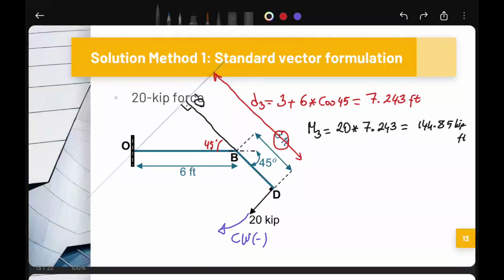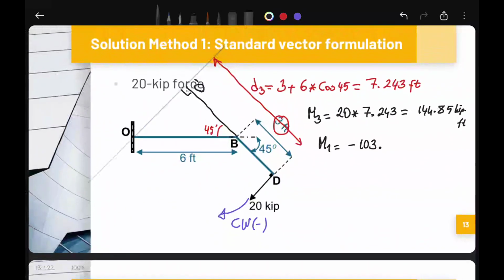Now we are ready to take the sum of individual moments. Let's start with the first moment. M1 is equal to minus 103.92. Second moment is 31.83. The last one is minus 144.85.